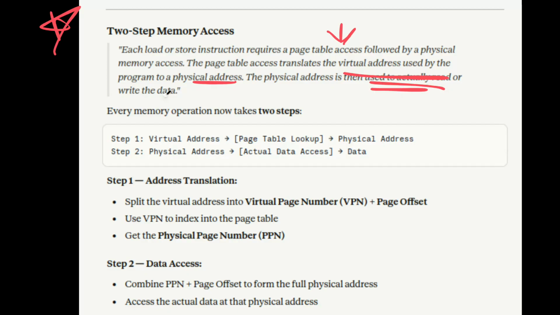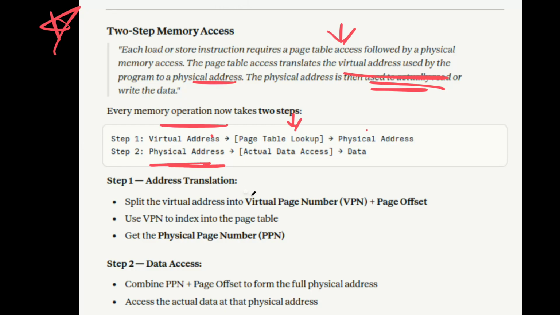So I am accessing the memory two times. The first time is to convert the virtual address into a physical address by looking at the page table. The second time is to take the actual data from that physical address. So two memory operations are happening.